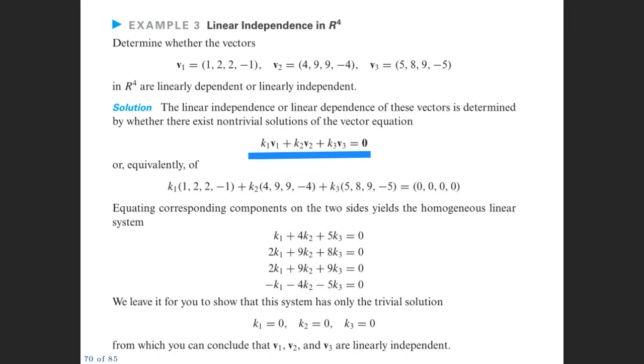We need to answer, do there exist non-trivial solutions? I'm going to leave the details for you to check, but for this example, we find that the only solution is the trivial solution: k1 is 0, k2 is 0, k3 is 0. From that, we conclude that these three vectors are linearly independent.